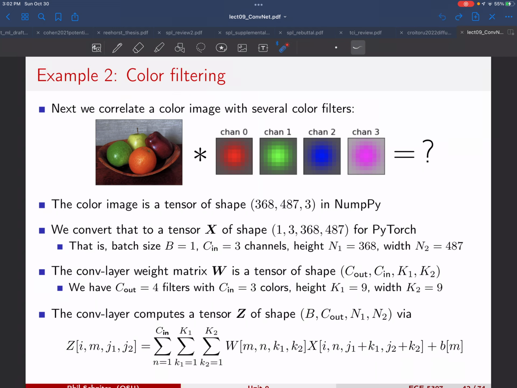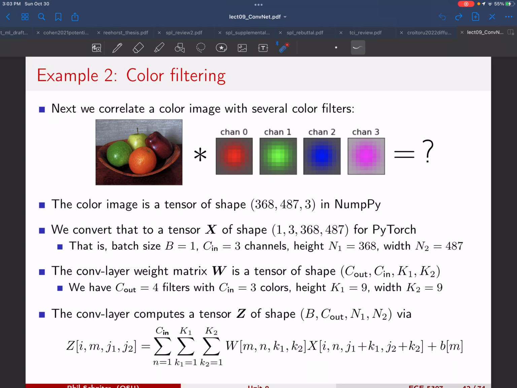Our goal is to start with a color image and filter it with 4 different color filters, where the first filter's goal is to produce a heat map of locations in this original image which have the most red, and the second filter's goal is to produce a heat map showing the pixels that have the most green, and so on.